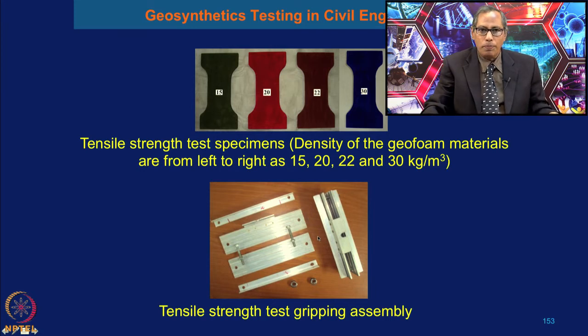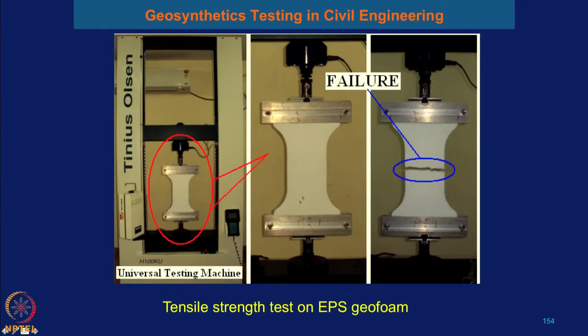If you perform the test, you can see here this is the sample, and you are using the universal testing machine to perform the tensile test of the EPS geofoam under different densities. And this is the sample, you can see here.